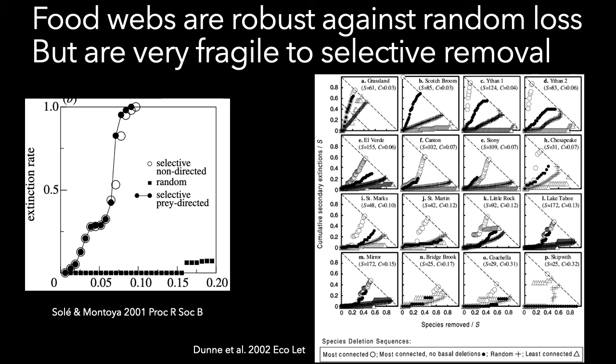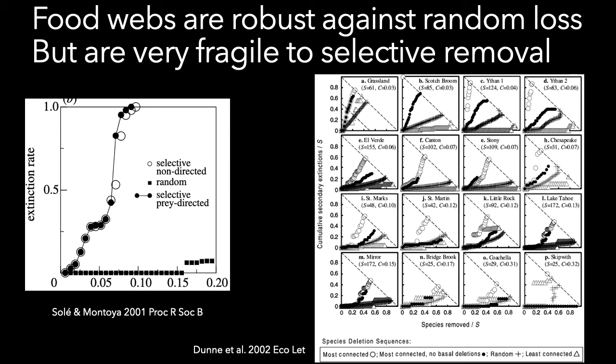In this case, we can see that again the robustness of the network is quite high against random loss of species, but fairly low against a selective, either directed or non-directed, loss of species.